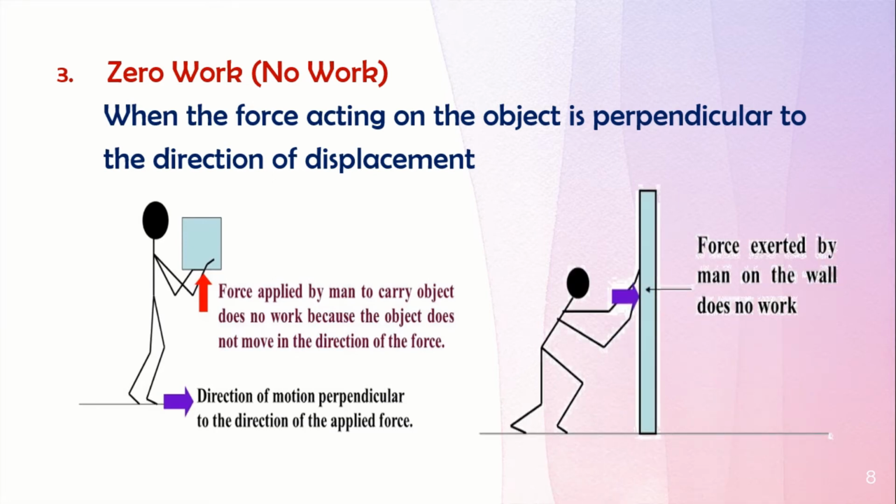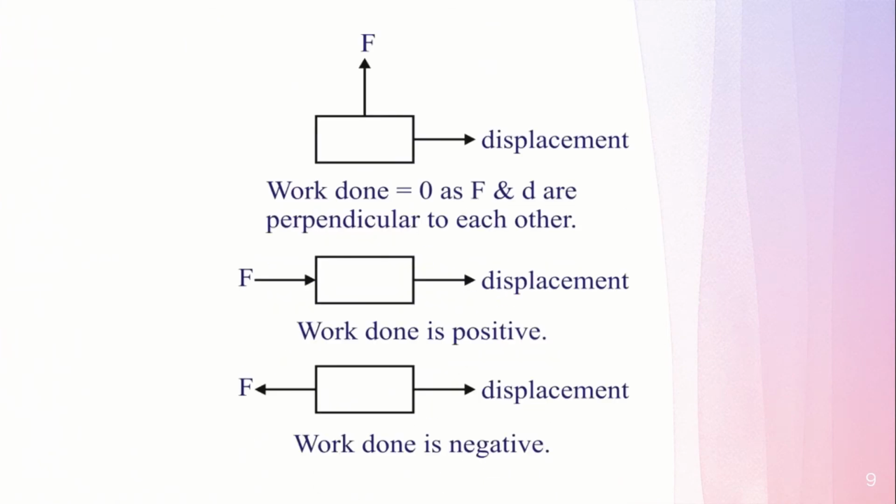Picture 2. The man pulls the wall, but the wall doesn't move. Force exerted by man on the wall does no work because there is no displacement. Work done equals zero as force and displacement are perpendicular to each other.